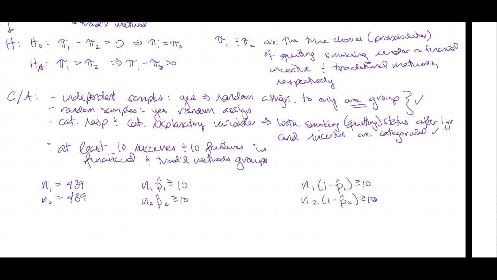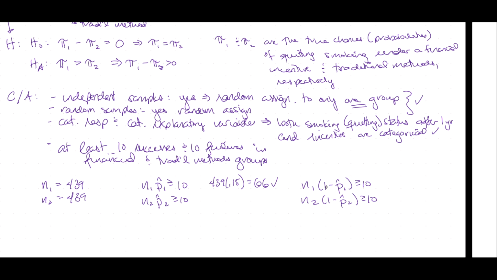N1 P1 hat is going to be 439 times 0.15, because 15% of the financial rewards group quit. It turns out that 15% of 439 is 66. That's greater than 10, so we're good.